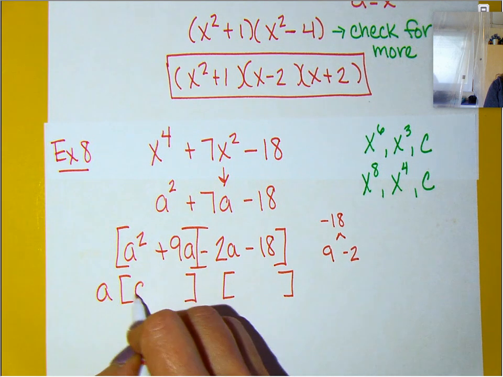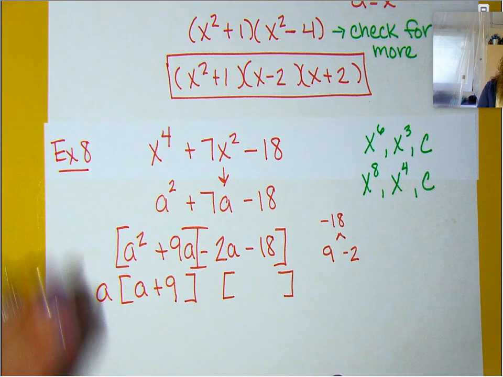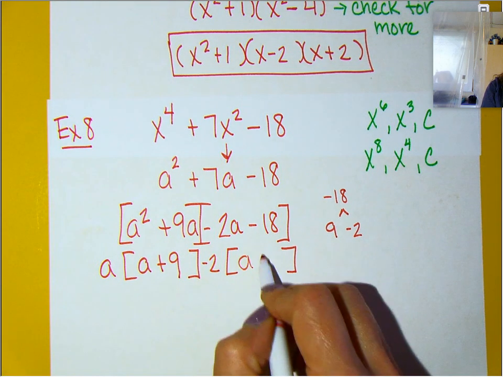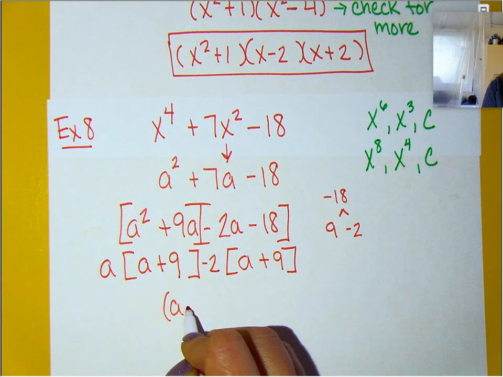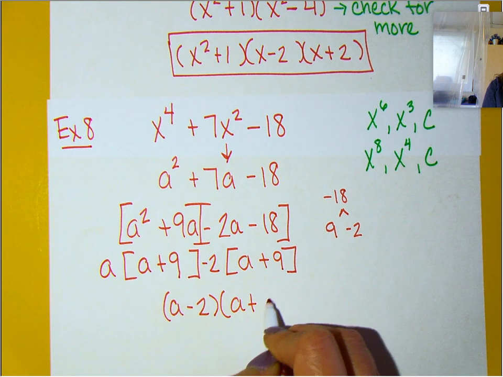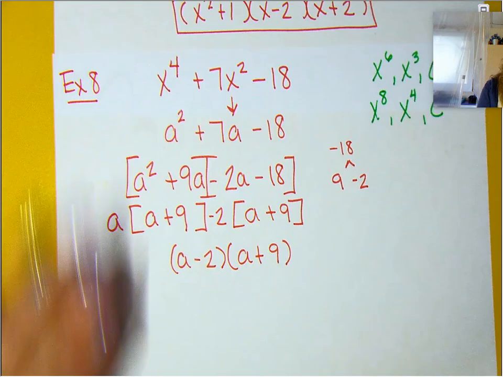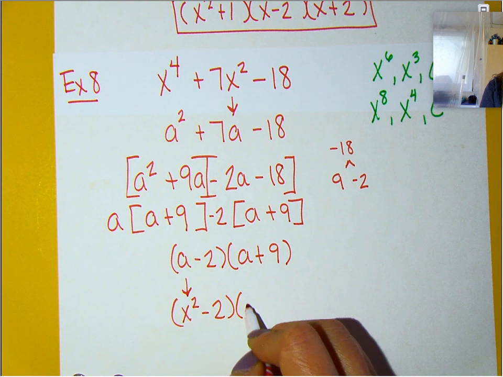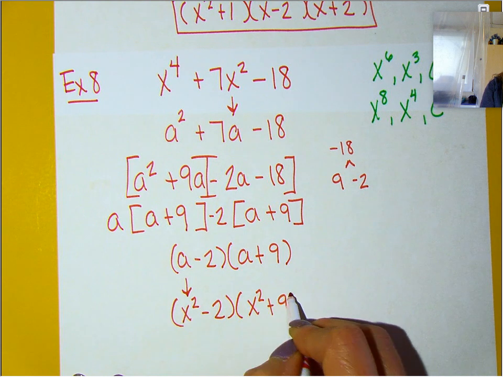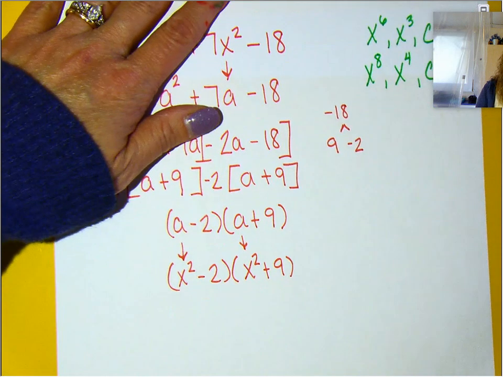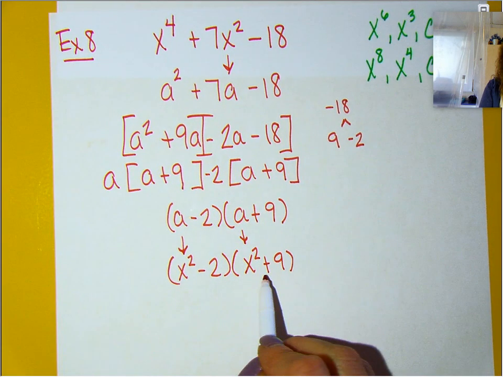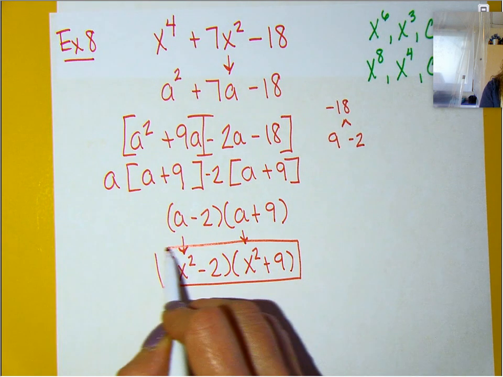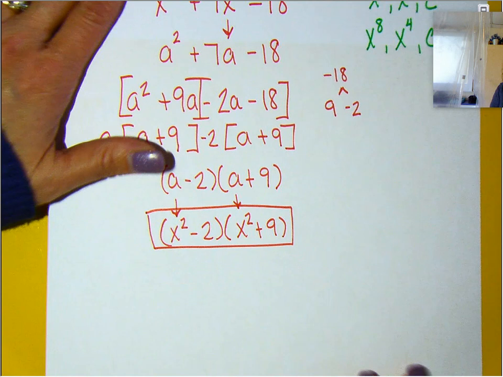Which leaves us with, good, and the second bracket, which leaves us with, good, so now you have a minus 2, a plus 9. We're going to sub back into our x squared. And are either of those a difference of squares? Careful, it's not a difference though. Yeah. And this one is a difference, but it doesn't have a perfect square. So that's as far as you have to go.